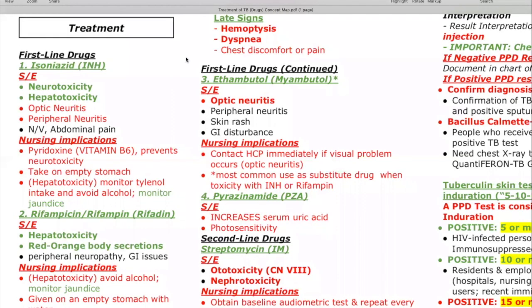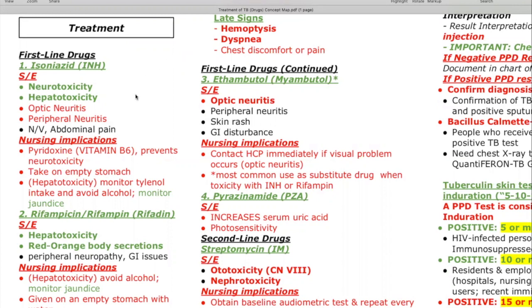All right, so on to treatment of TB with drugs. With drugs, we have first-line drugs and second-line drugs. For these drugs, we'll be going over side effects and also nursing implications. For first-line drugs, we have isoniazid, or INH.